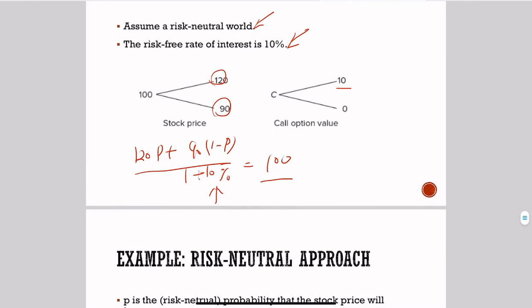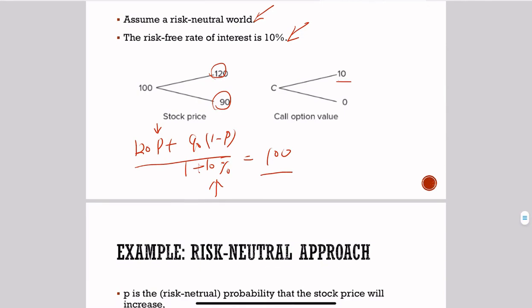And what is the P? Well, the P is the probability the share price will be 120. And 1 minus P, of course, is the probability that the share price would be 90. So this P is the probability in the risk-neutral world.